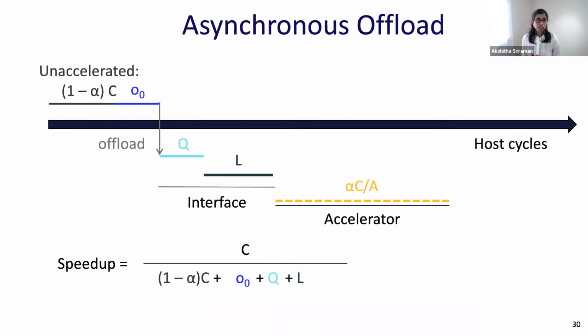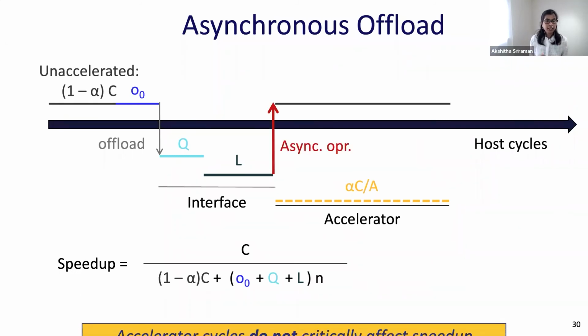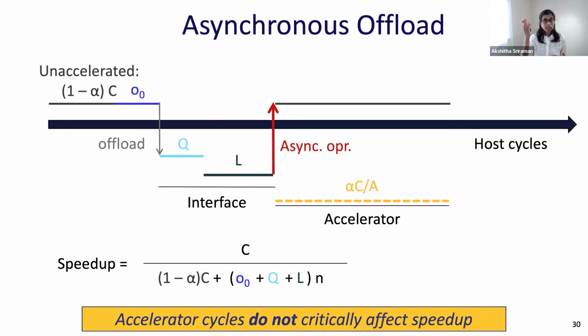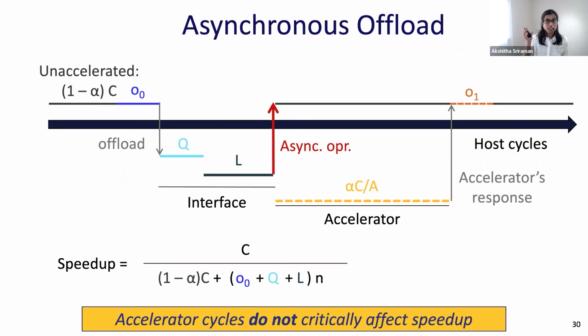In contrast, with asynchronous offloads, the cycles spent on the accelerator do not critically affect speedup, because the same asynchronous thread can continue processing successive requests on the host CPU. But on the latency path, we might now face an additional context switch penalty of, say, 0.1 if a different thread decides to pick up the response once it comes back from the accelerator.